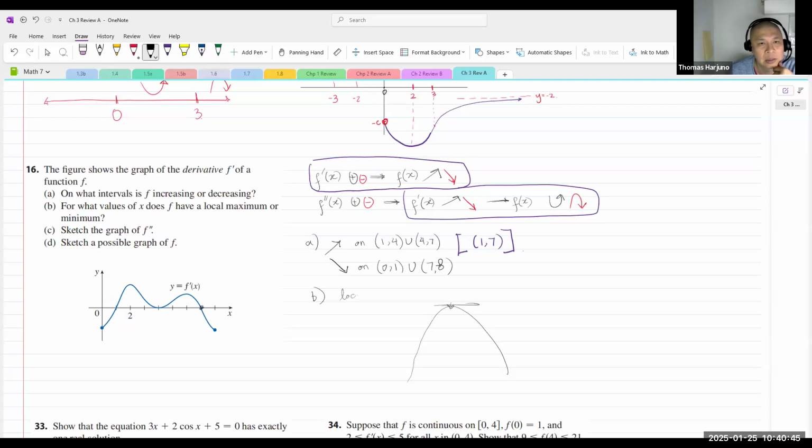Local max at x equals 3, 4, 5, 6, yeah, at 7, right? Local minimum, if the slope changes from negative to positive. So x equals 1.